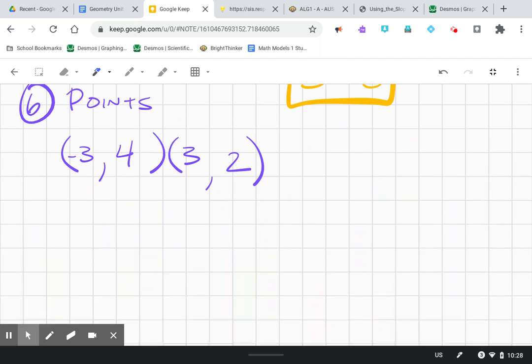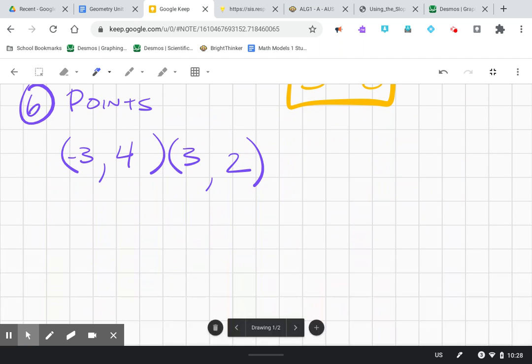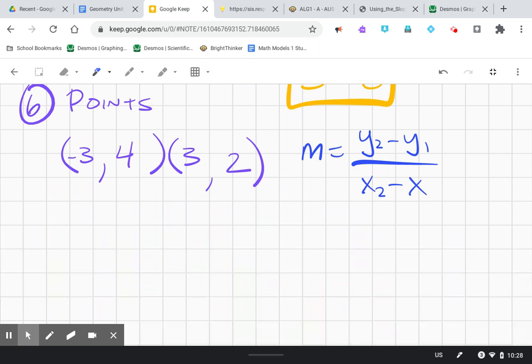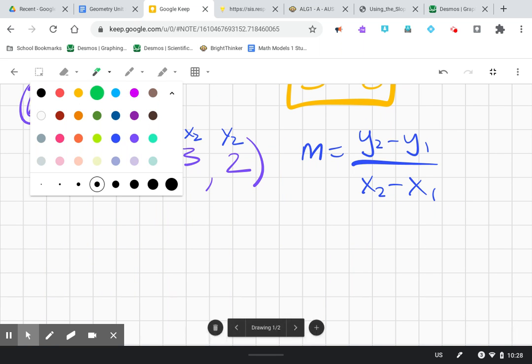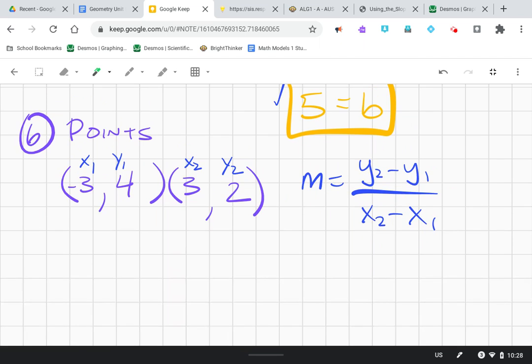Now, what if they give me 2 points? Well, in this case, I need to first use my slope formula, which is y2 minus y1 over x2 minus x1. We went over this in a previous lesson. So I'm going to plug those points in here. Remember, this is going to be x1, y1, x2, y2. So we're going to do that first.